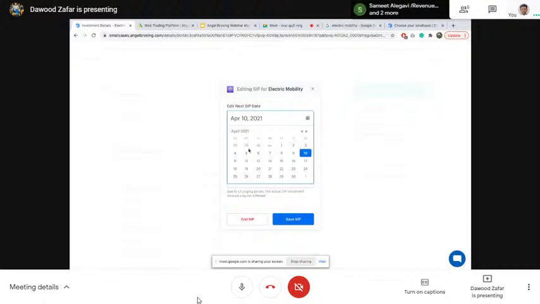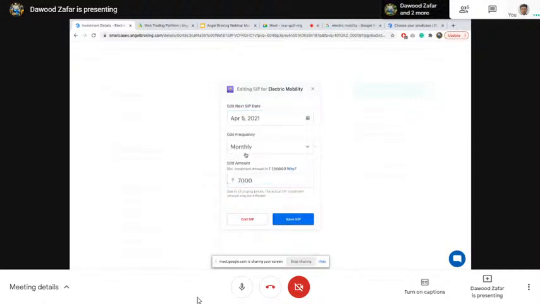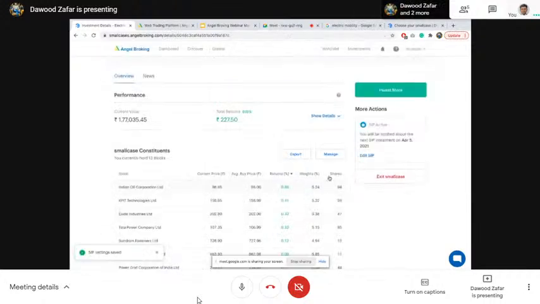So if I have to change the date, you can always come back to edit SIP. You can change the date. So there is an option. This is a super flexible platform. There's customization for everything. Matlab, you can even change the frequency like weekly, fortnightly, monthly, or quarterly. So I want to go with monthly. Instead of 7,000 rupees, I can always change and make it 10,000 if required. Save the SIP. So the next SIP date is April 5th for me. It has shown over there.